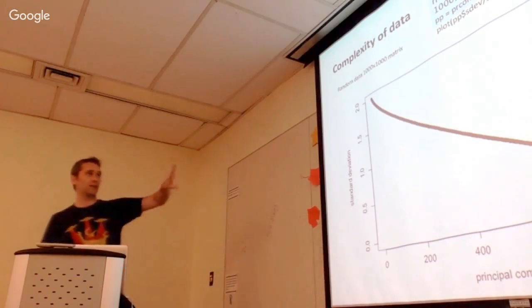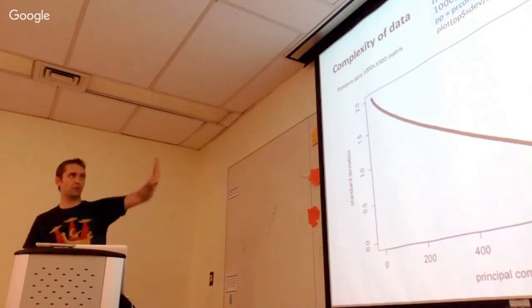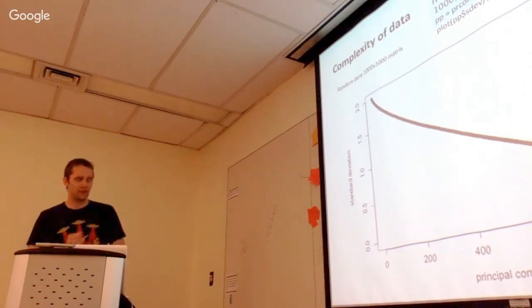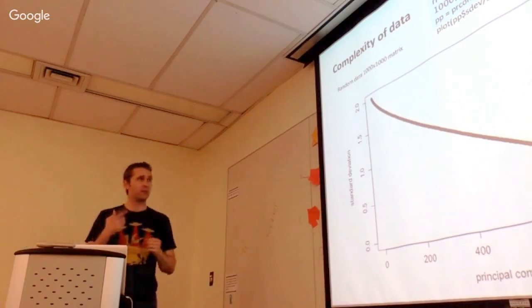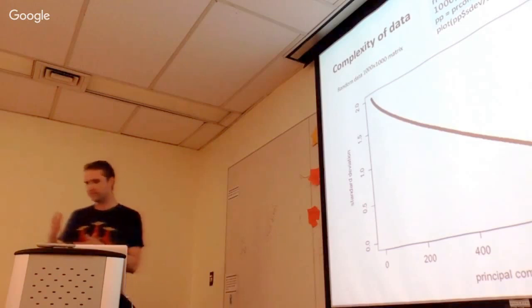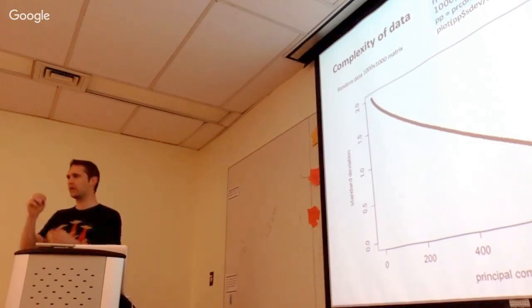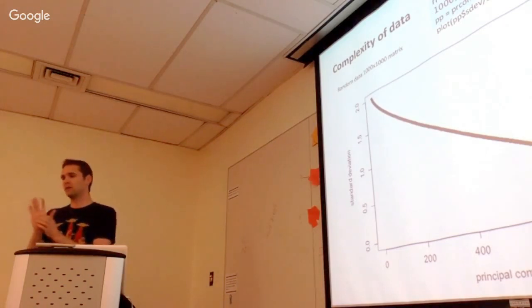I just want to keep the mathematics simple. But look at how this looks. One of the key properties of the principal components is that, as I said, we want to find new dimensions that maximize the variance and minimize the correlation between the dimensions.